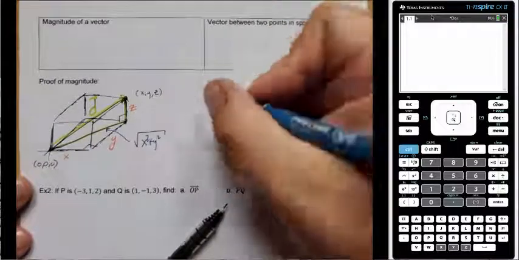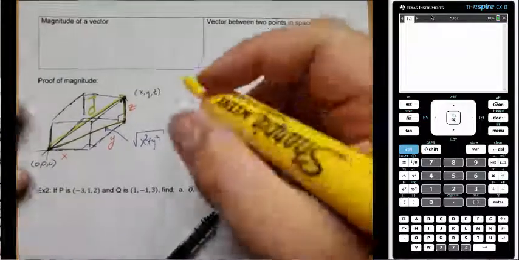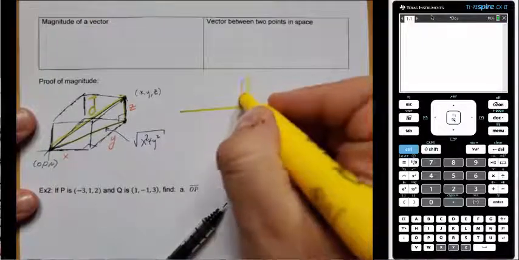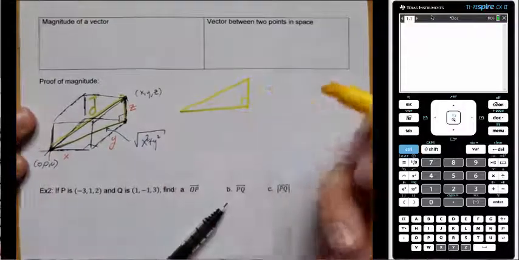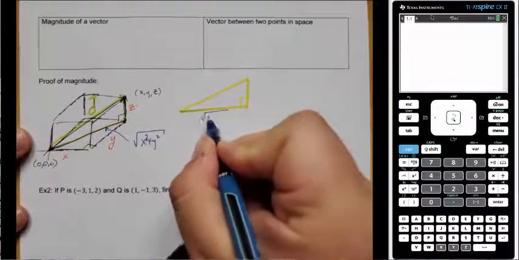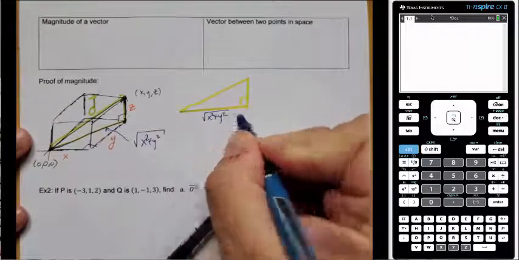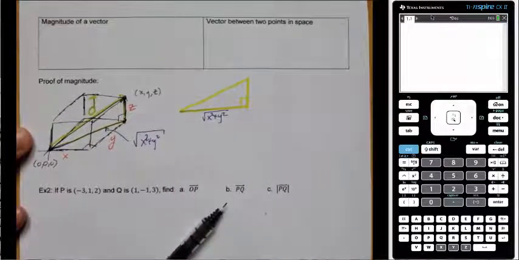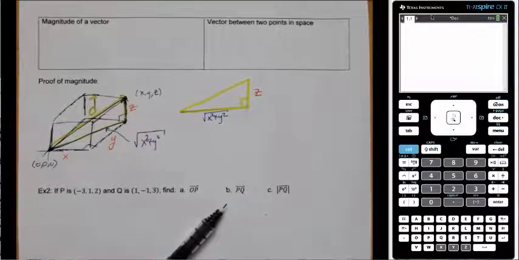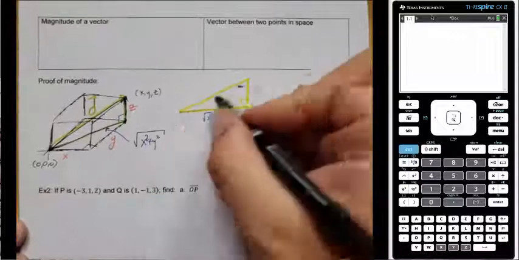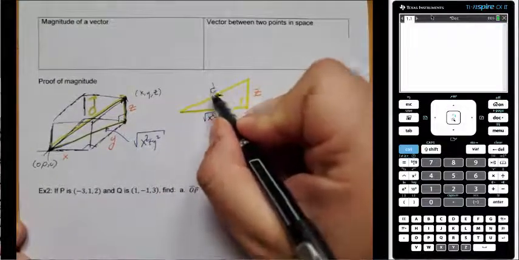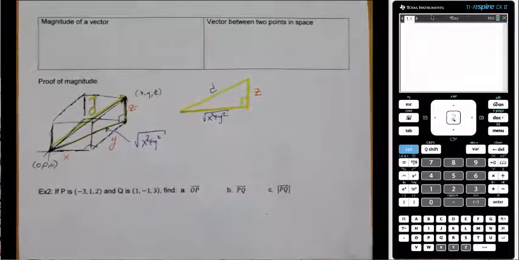And maybe I'll try drawing this triangle flat. This length is the square root of x squared plus y squared. This length is z. And this resultant is the vector I'm after. This is the magnitude of the vector I'm after.